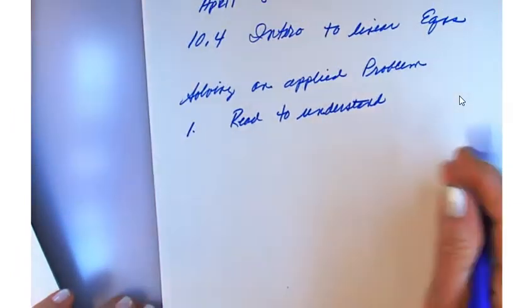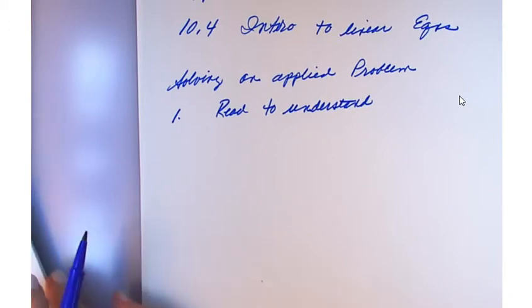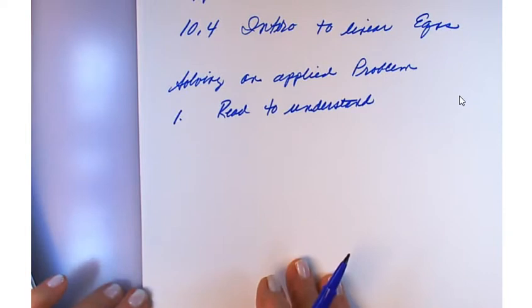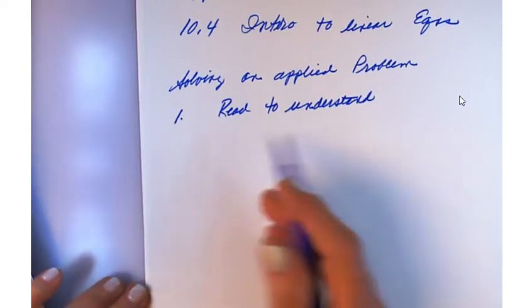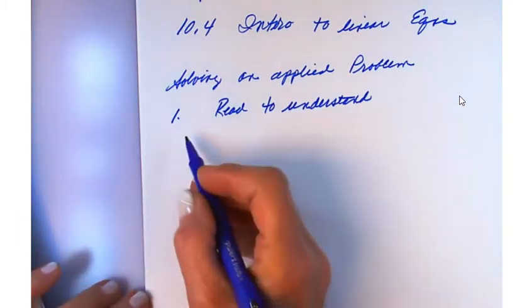So step number one, we want to read it, and that just doesn't mean to whip through this word problem in 30 seconds. What it means is that we want to read it more than once here.